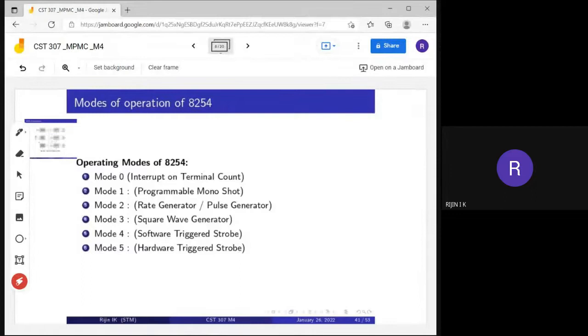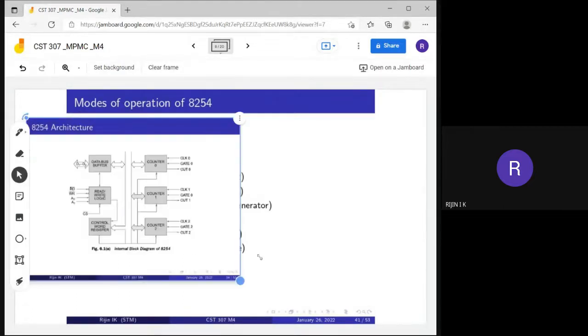Then only the control word register will get the information, and then only we can select which counter has to perform the counting operation. So that is the first step: we need to write the control word. There is one control word register in the 8254 IC.